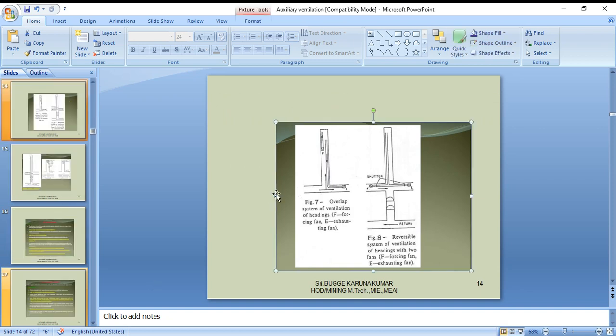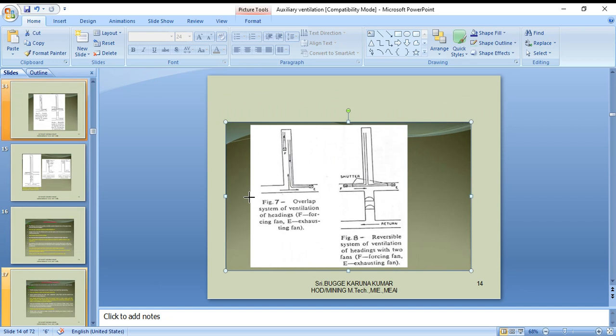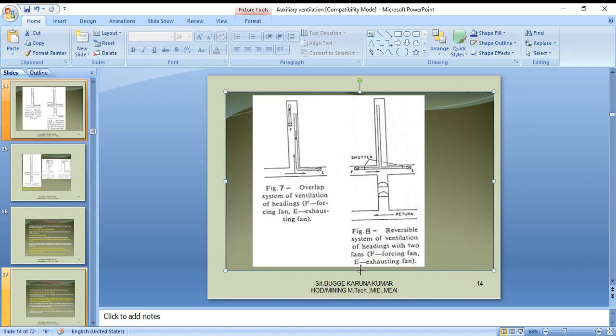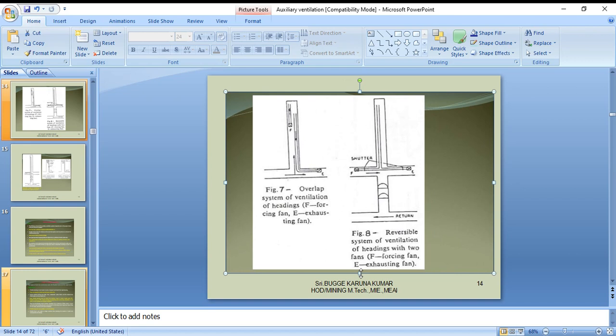And then overlapping. As the heading is advancing, there may be a problem with the single force and a single exhaust, so they are using a combination overlap system of ventilation of headings, forcing fan and exhausting fan.